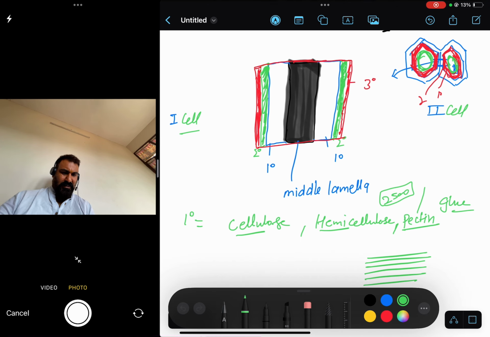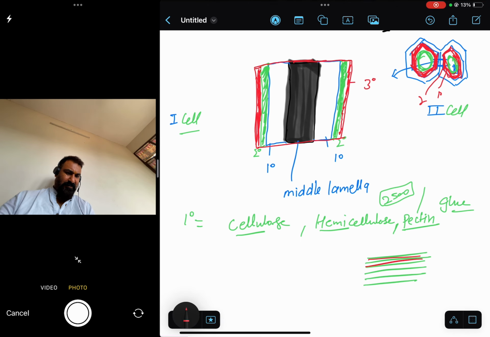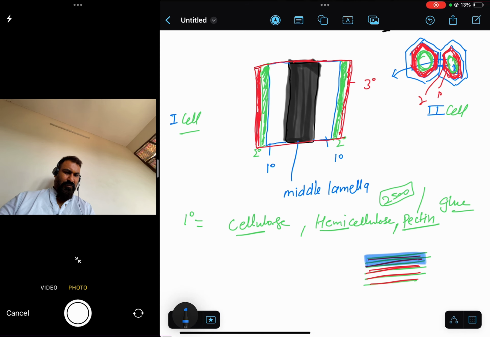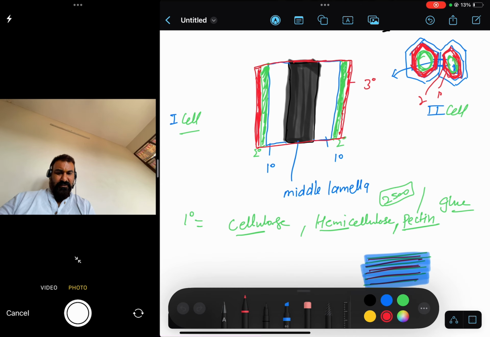Hemicellulose is also a fiber which is present in between them. And the third one behaves as a glue over them, so it fixes them in the right way. That is the primary cell wall.